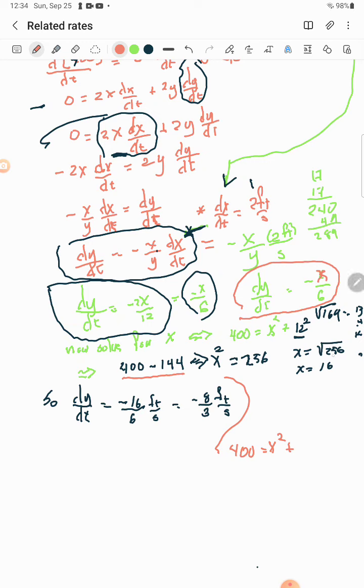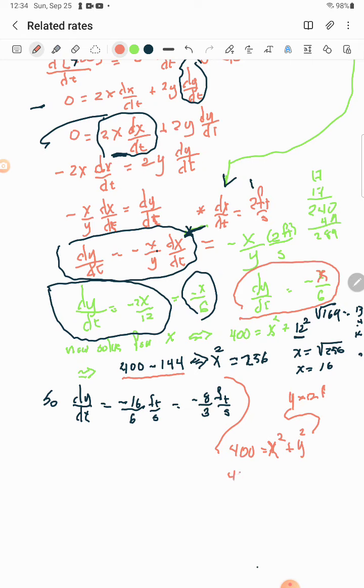So we're trying to solve for x, and over here we have y squared. So we know that y is 12, when y is at 12 feet. So I can put that in here.